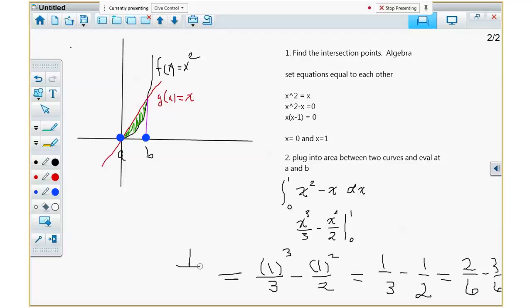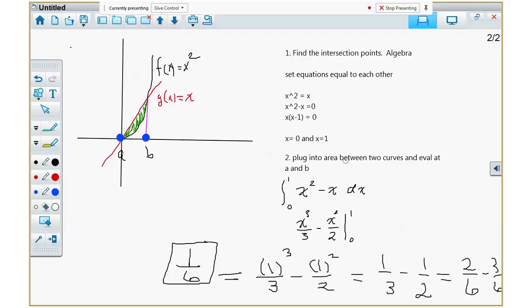It's equal to negative 1/6, but why am I not putting negative 1/6? Because area cannot be negative. Now, when you see a negative area, that means it's below the x-axis. That's all it means. The area is still 1/6.